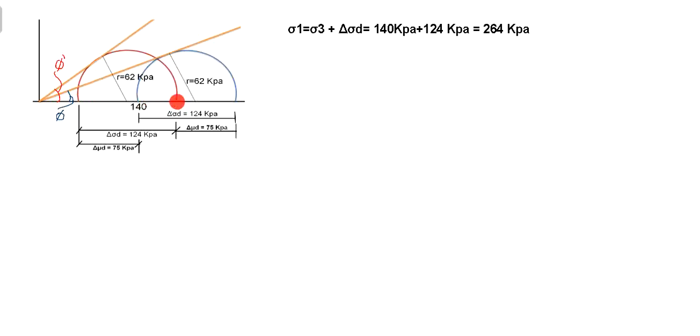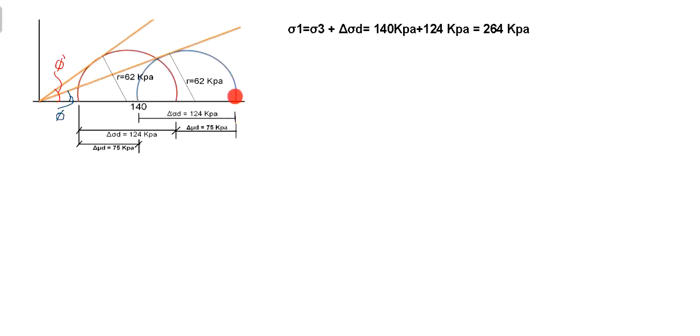And dito naman sa ating effective maximum principal axis or major principal axis, that is sigma 1 prime. And of course, yung total maximum principal axis natin, which is denoted as our sigma 1.